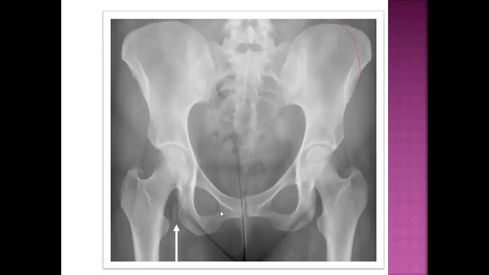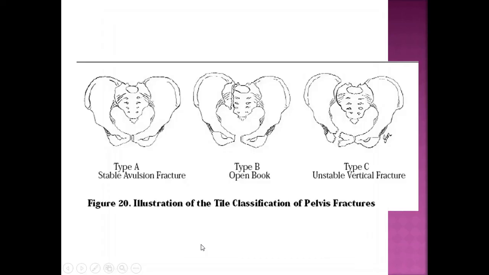So this is the pelvis, which shows there is fracture, but this fracture is outside the ring. So this is the ring which is not broken. So this indicates the fracture outside the ring, which is called stable fracture.